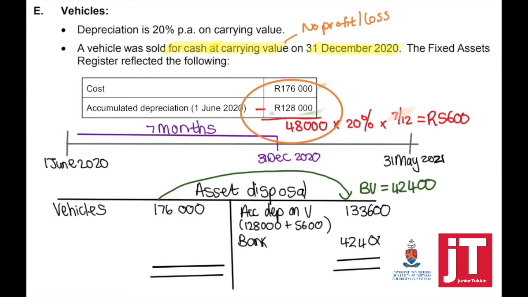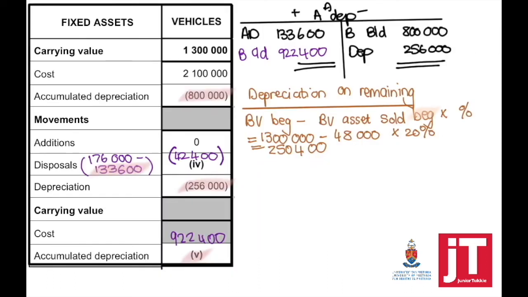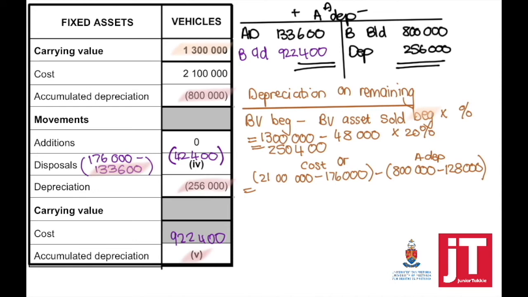The book value on the asset which we disposed of was calculated earlier. There's the cost minus the accumulated. It's just to make sure that you understand where the 48,000 comes from. We could also look at what is the cost in the beginning minus the accumulated in the beginning, and then we just need to subtract the asset which we disposed of.